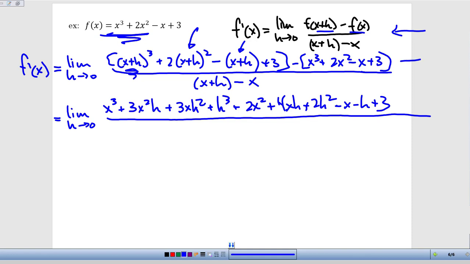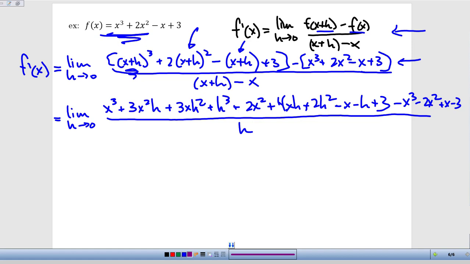And then of course we have to distribute the negative here. So we're going to have a minus x cubed, a minus 2x squared, a plus x, and a minus 3 to close things out. So that has our numerator, and now we just have h in the denominator.